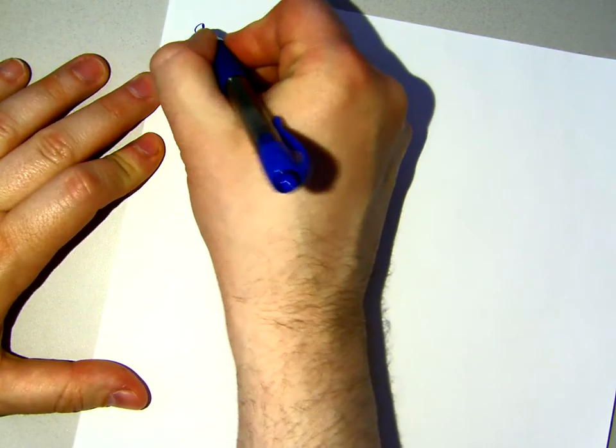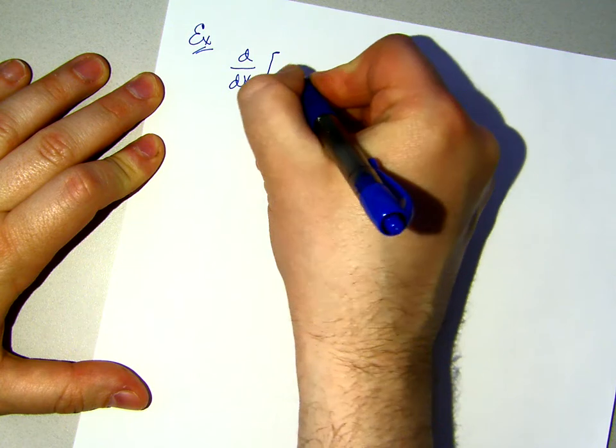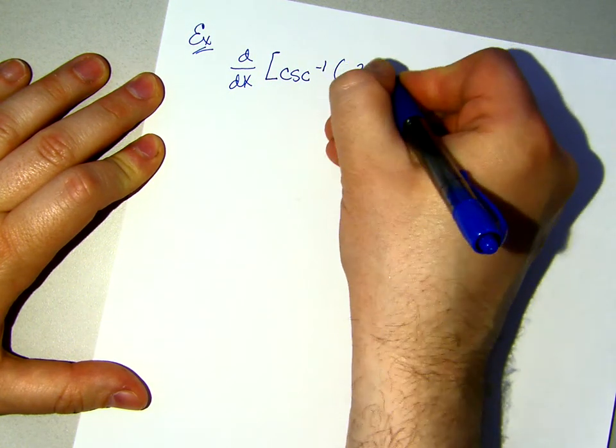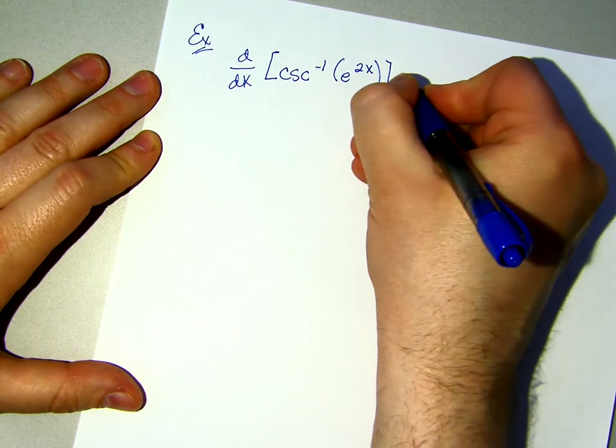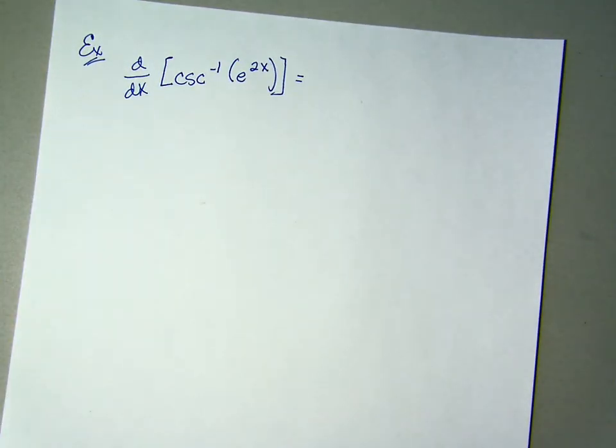Okay, I would like you to try something similar now with the derivative of the inverse cosecant. Let's do an e problem of e to the 2x. Deal with your inverse cosecant with the e to the 2x plugged in, and then use your chain rule on e to the 2x.